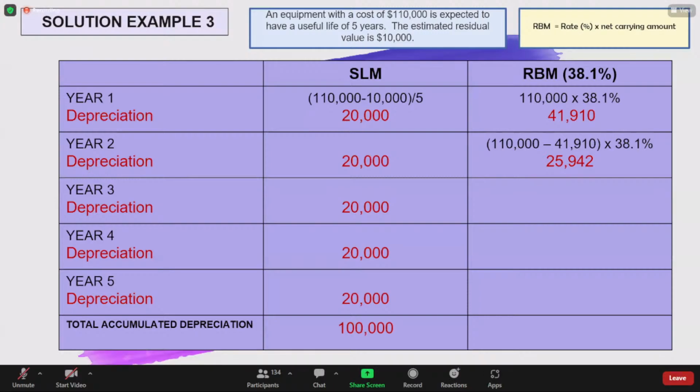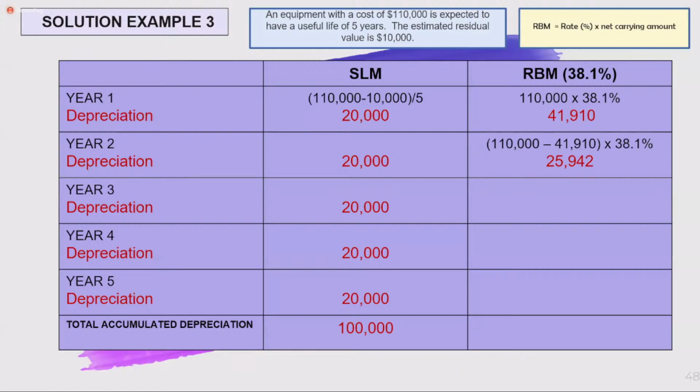We don't reduce the 10,000. That is only meant for the straight line method. All right. Clear? Good for asking a question.